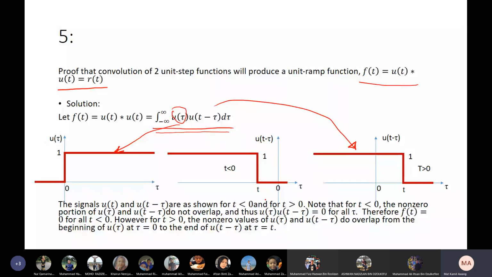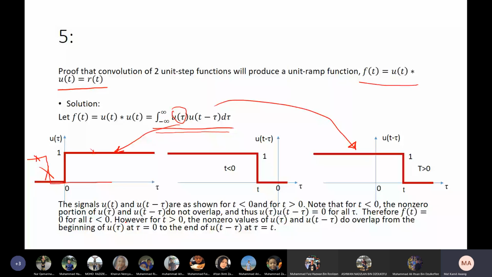When t is less than 0, it does not overlap, because u of t minus tau is like this here. The non-zero part is not overlapping with this part. So the product is equal to 0 for all tau. Therefore, f of t is equal to 0 for t less than 0.